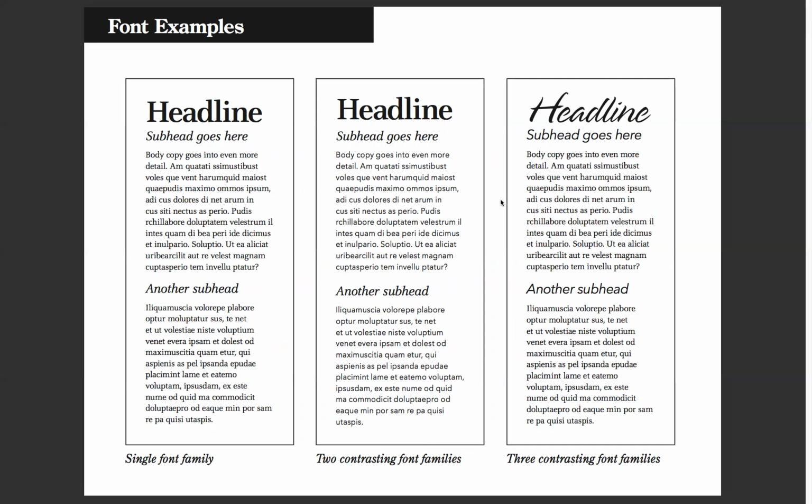And then here's an example of what 3 contrasting families might look like. What you don't want is to look like you just accidentally picked the wrong font, like if you had 2 different serif fonts. You really want to make it look like you were intentional about what you did.